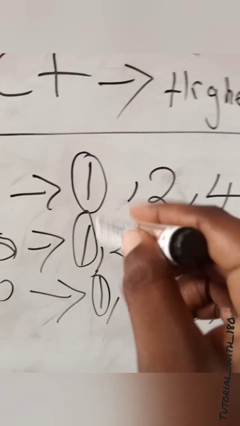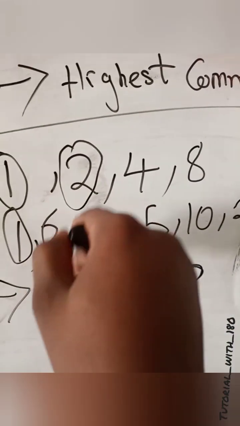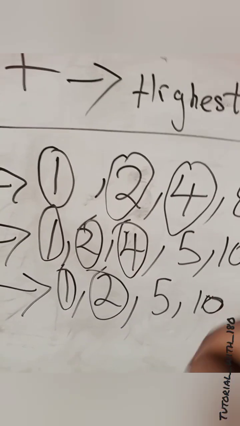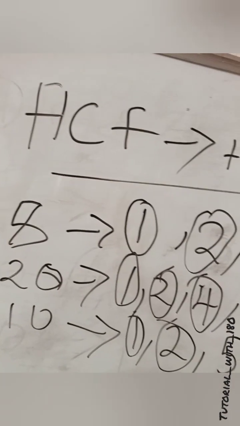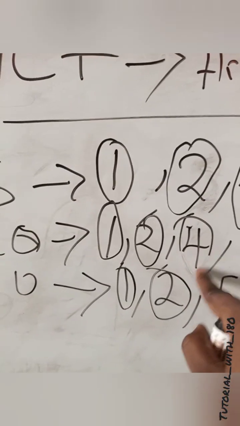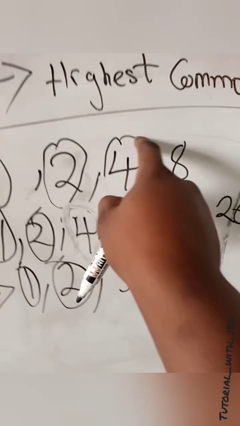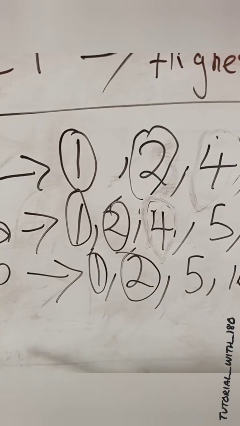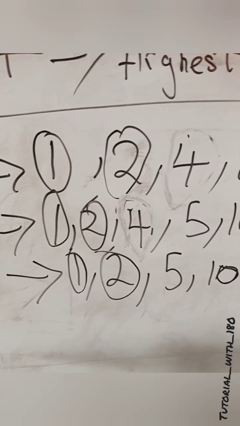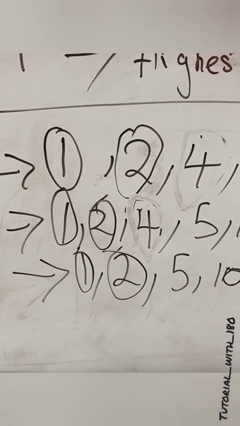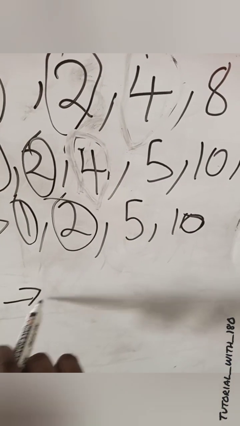So from this tree we can see there is 1, they all have 2, they don't all have 4. So they only have 1 and 2. So that means if they were to ask what are their highest common factors, from here we can see the highest common factor is what? 2.